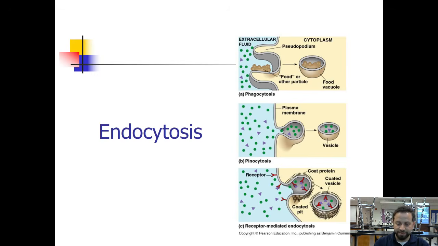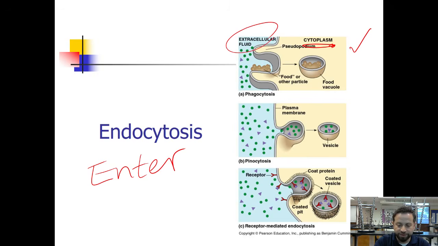Endocytosis. What does that mean? So when I think of endo, I think of the word enter. Okay, so this is a situation in which something is entering the cell. So let's look at this top picture right there. Here's the cytoplasm, which means the inside of the cell. Here's the outside of the cell, extracellular fluid. So if you have stuff that needs to come to the inside of the cell, notice what's happening.